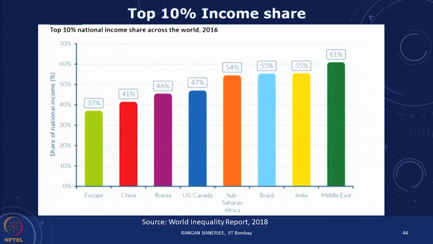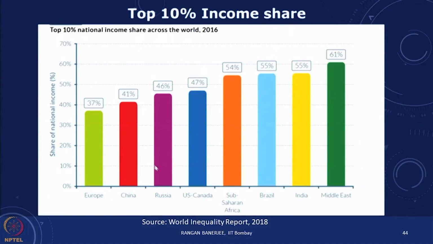So, if you look around us, you will find that in general we talk about inequality in terms of inequality of income. For instance, this is from an inequality report: the top 10% of the population, what percentage of the income do they own?